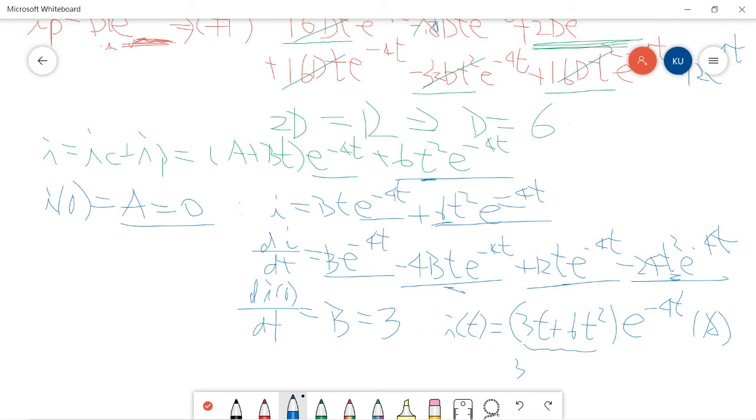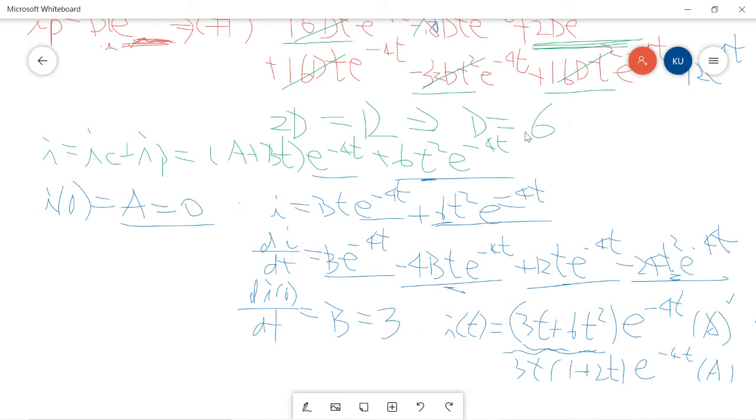You can write it as 3t times 1 plus 2t, but actually you can write it like this, it's okay. And this one is also good. So this is the solution for the first one, and then we go to the second one.